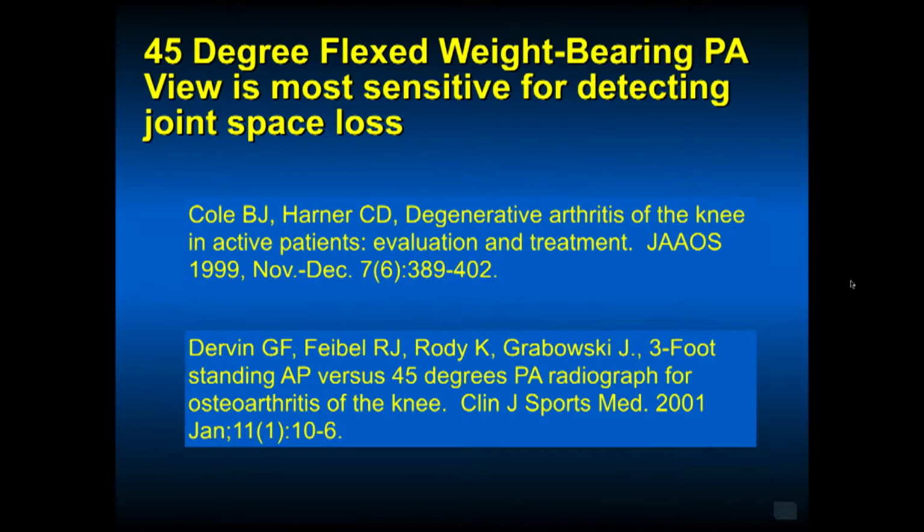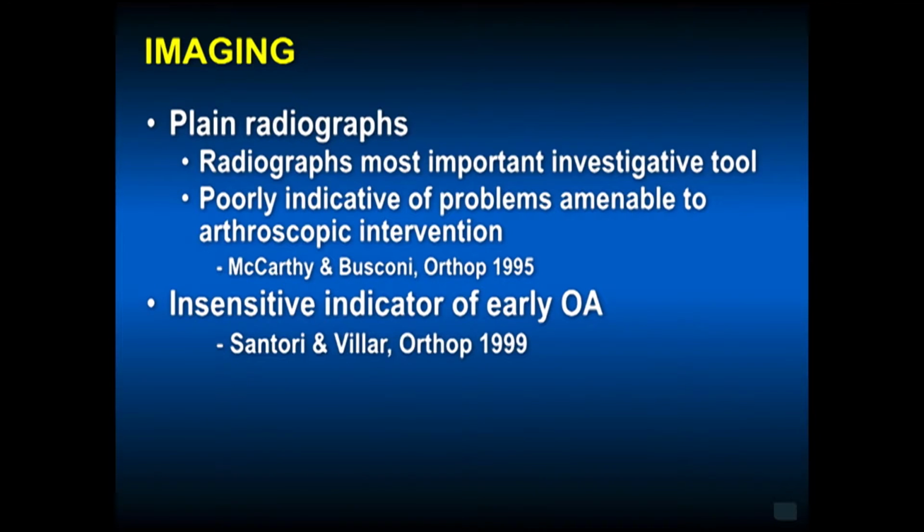45-degree flexed PA weight-bearing views is the most sensitive for detecting joint space loss. This is based on 2 studies from JOS and Clinic Journal of Sports Medicine. Imaging, plain radiographs. These are the most important investigative tool, poorly indicative of problems amenable to arthroscopy and intervention.